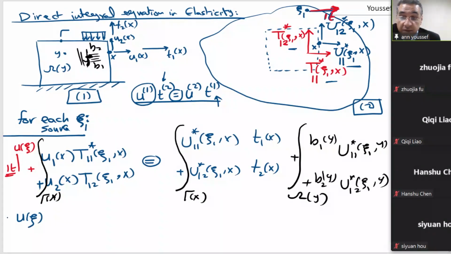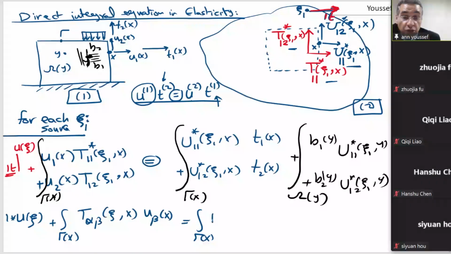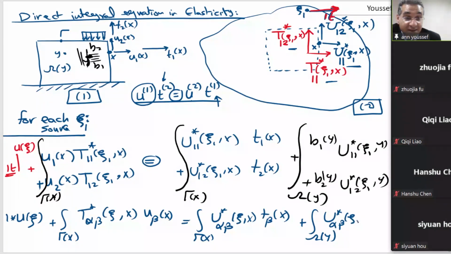If we write this equation in general case, we have direct u of xi, so we will have u of xi multiplied by 1 times u of xi, plus integral over gamma of x, t alpha beta of xi and x multiplied by u beta of x, equal integral over boundary of x u asterisk alpha beta of xi and x t beta of x, plus integral over the domain of y u asterisk alpha beta of xi and y times b beta of y.